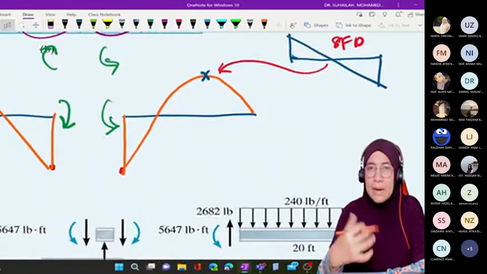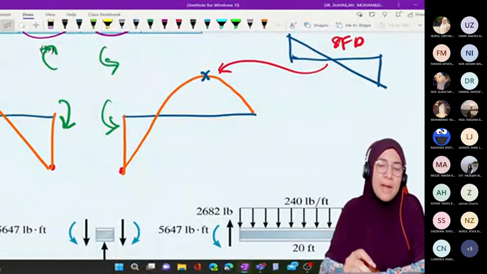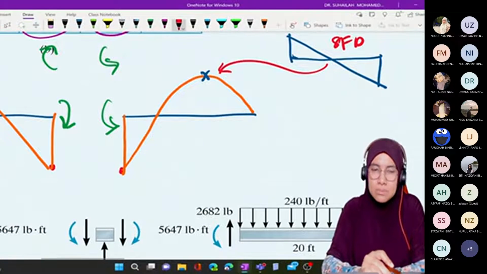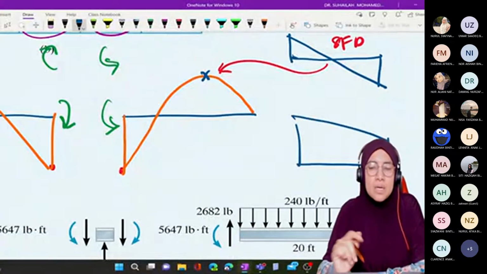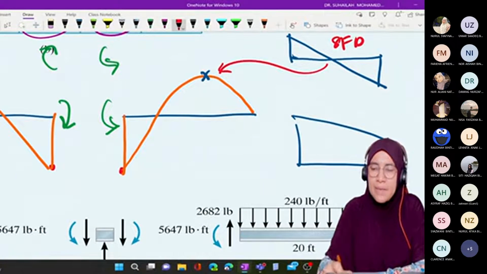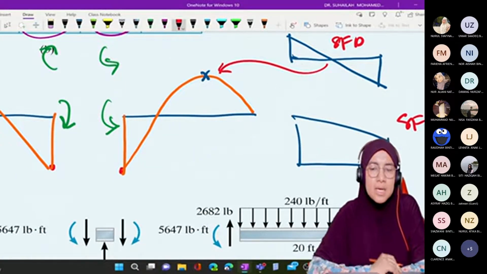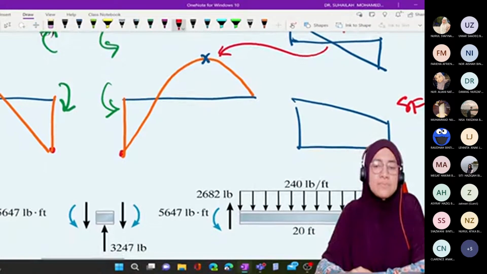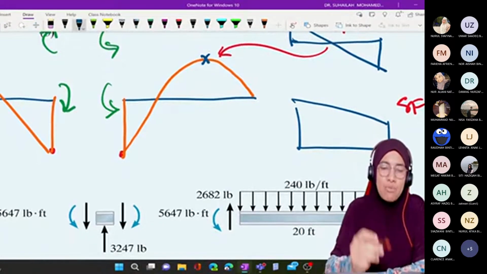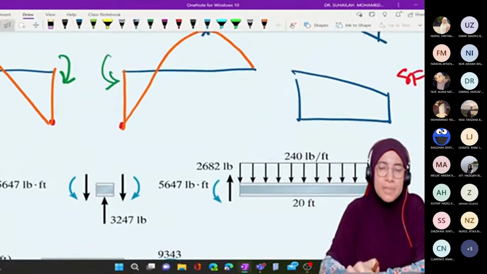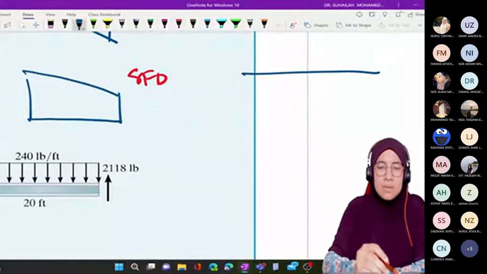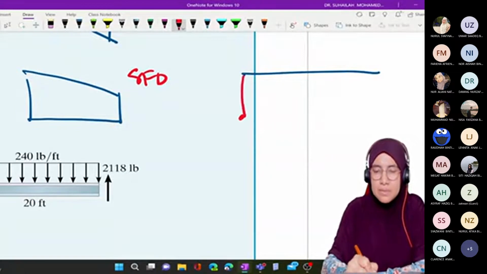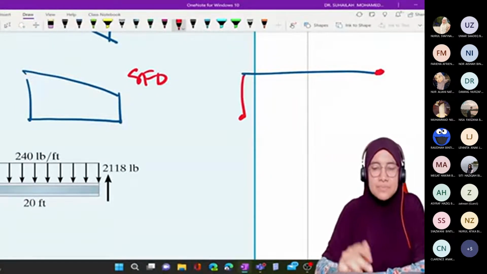If the shear force diagram, for example, we get a trapezium, maybe a trapezium like this, this is also a shear force diagram. If we get a trapezium, so what happens to the bending moment diagram? There. Okay, the point is here, and the last point is here.